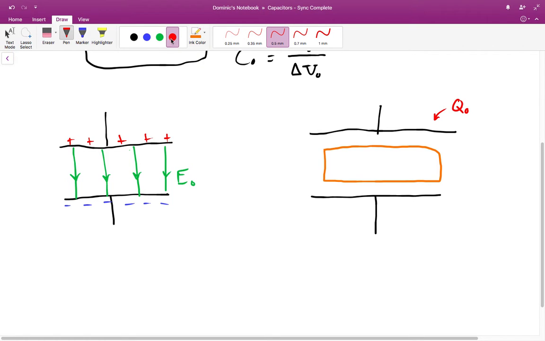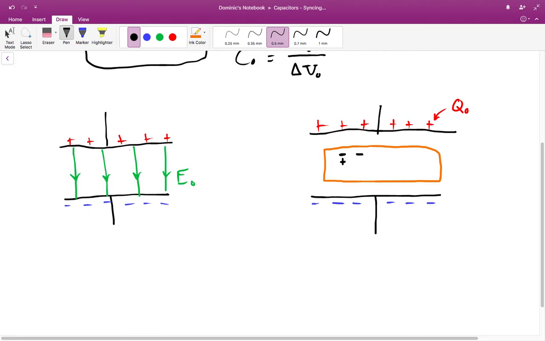Again, we have these positive charges up here, and we have the negative charges below. What's going to happen, again this is an insulator, is the atoms in here are going to be polarized. For each atom, the negatives want to go towards the positive plate, and the positives want to go towards the negative plate.